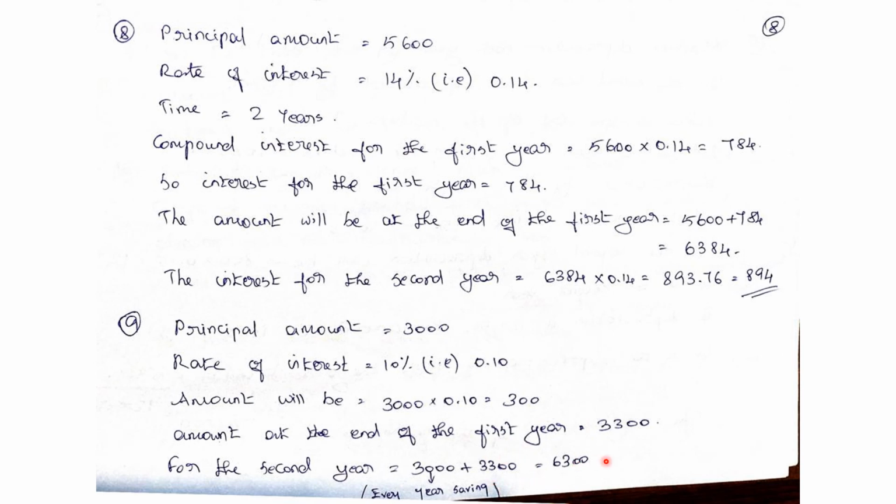The amount he saves every year is 3,000. So the amount at the end of the first year is 3,300, plus another 3,000 at the beginning of the second year because every year he is saving 3,000 rupees. So 3,000 plus 3,300 will get 6,300.